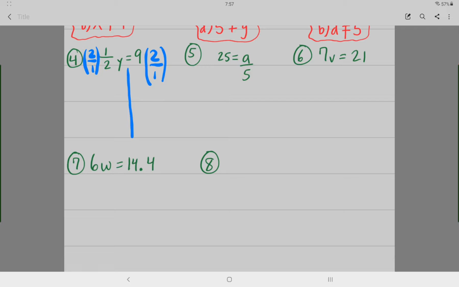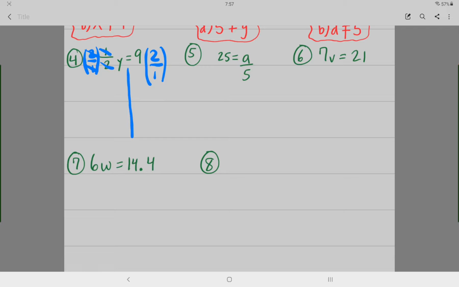So what I like to do also, since I know it's going to give me an answer of 1, is to just simply cross cancel. So in other words, 2 divided by 2 is 1, and 1 divided by 1 is also 1. So once again, whether you cross cancel or you actually work out the multiplication on this side, by multiplying by the reciprocal, it's going to give you 1.